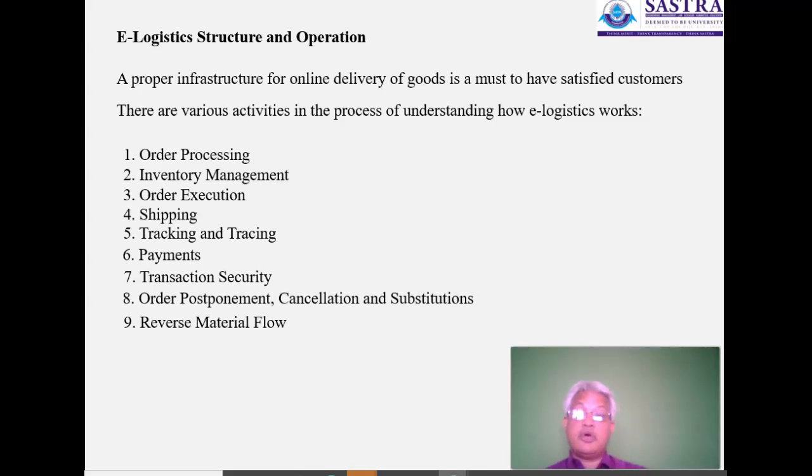So all these are the 9 essential elements that one needs to understand to get an insight into how e-logistics works.